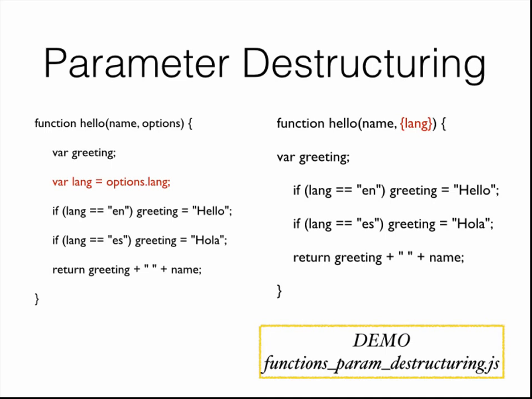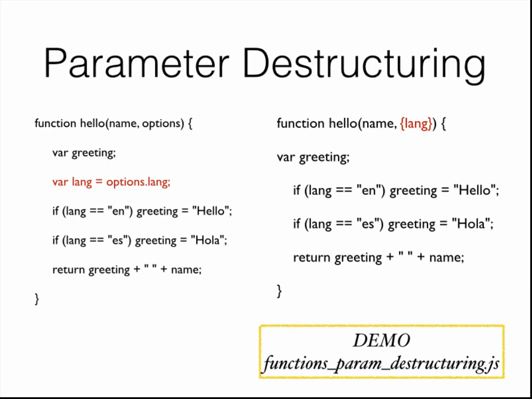Now, here comes a solution ECMAScript 6 provides. While defining this hello function, we say that we are expecting an object here whose lang key we are interested in. So this essentially does the following.